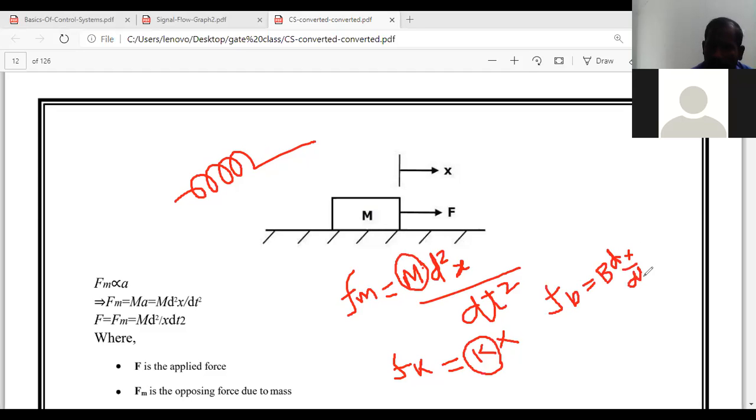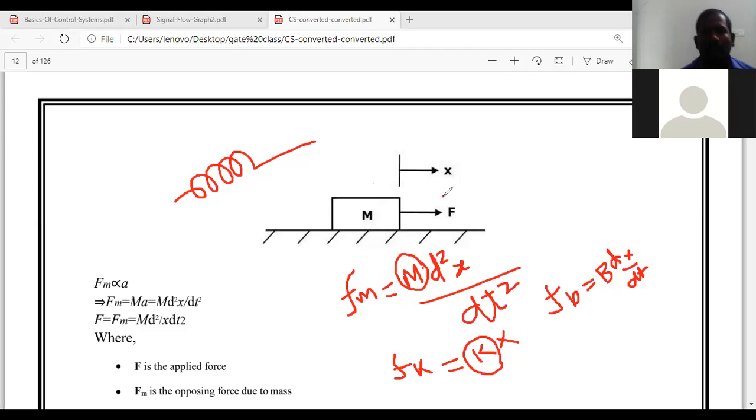Good, very good. That's all the equations. Here the mass element is movable in only one direction. If it is movable in two directions, you should write the difference of the two displacement variables. Is it clear?